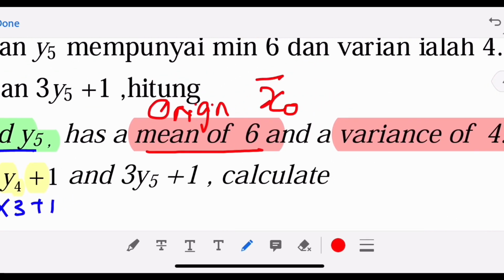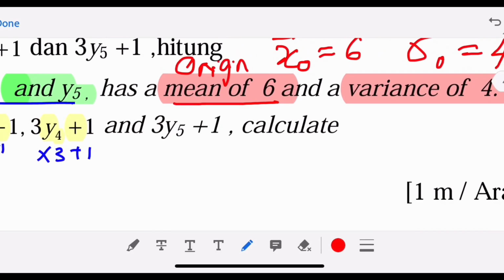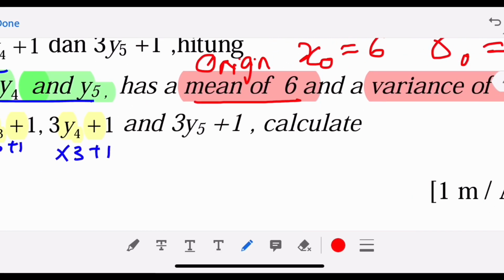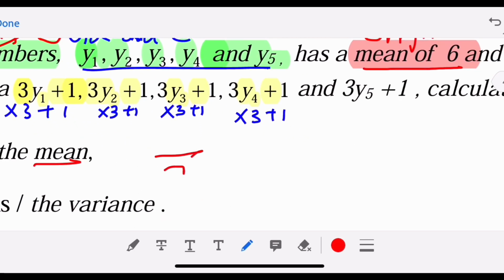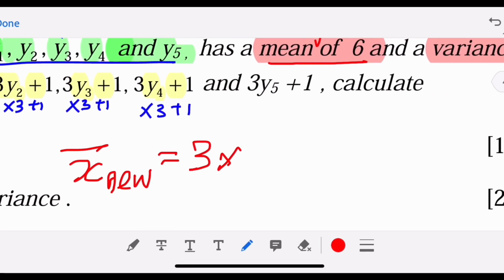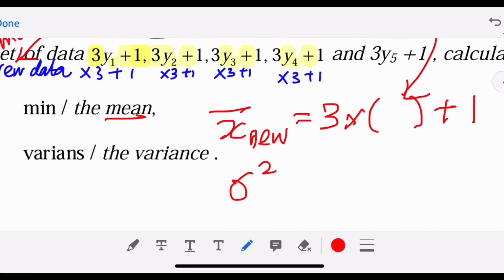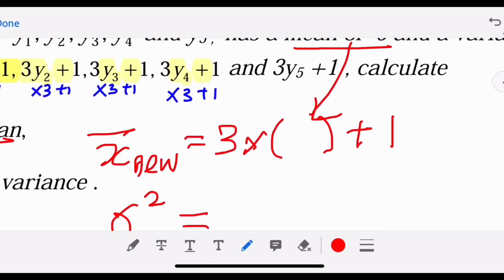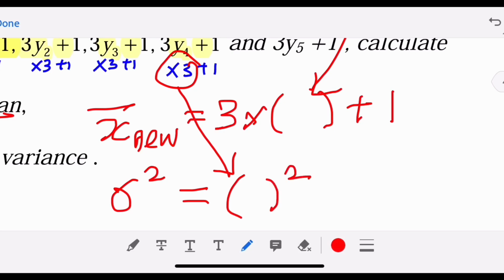So if you times 3 plus 1, the new mean will change according to the number you multiply and add. So we write down the new mean is 3 times the original mean, which is 6, plus 1, because the data is modified by multiplying by 3 plus 1, so the mean also follows the same way. We will simplify later.